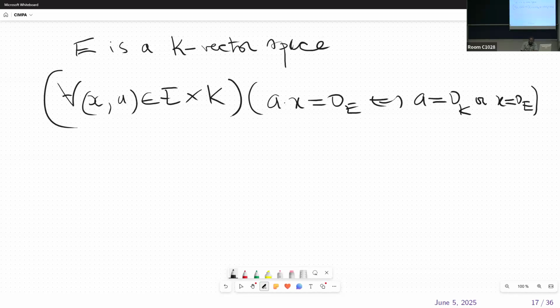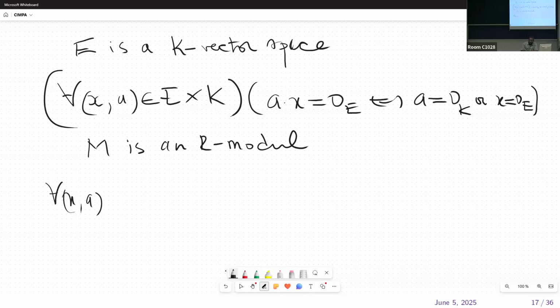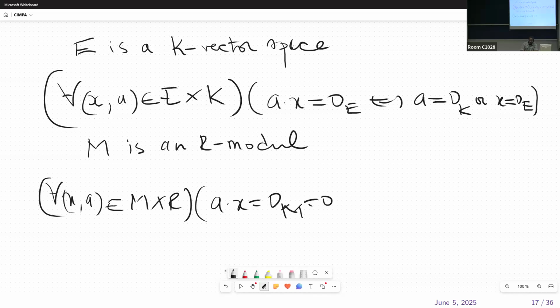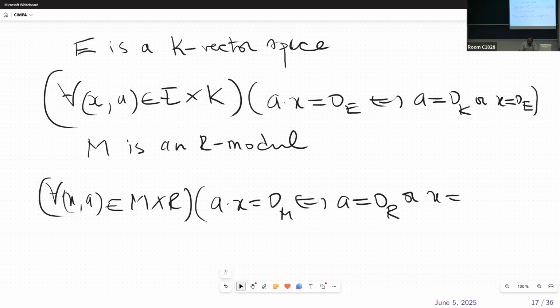When M is an R-module, this relation becomes a equals 0 of R or x equals 0.